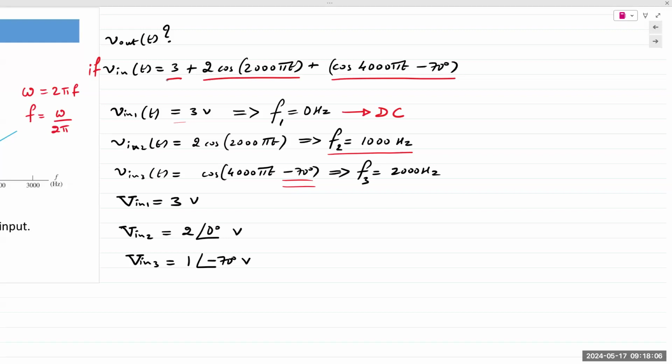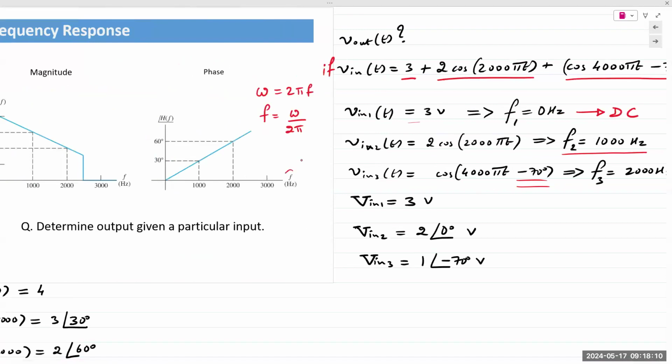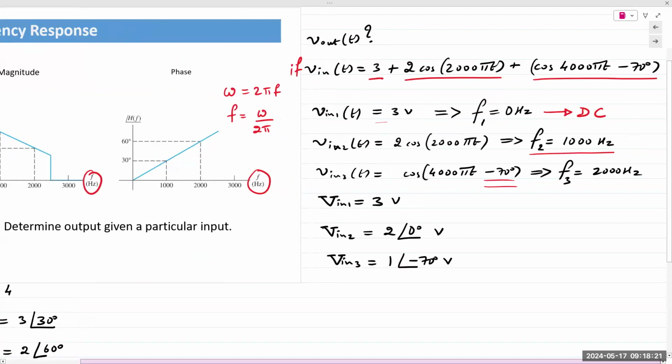We want the frequency information because the graphs are given in hertz. If they were given in omega, we would need omega information. So V in 1 has a frequency of 0, V in 2 has a frequency of 1000, and V in 3 has a frequency of 2000 hertz.